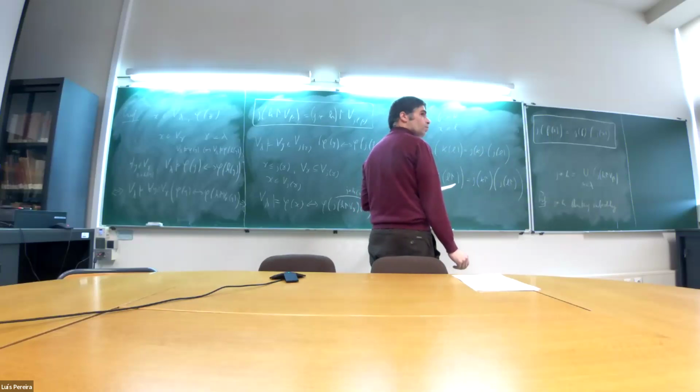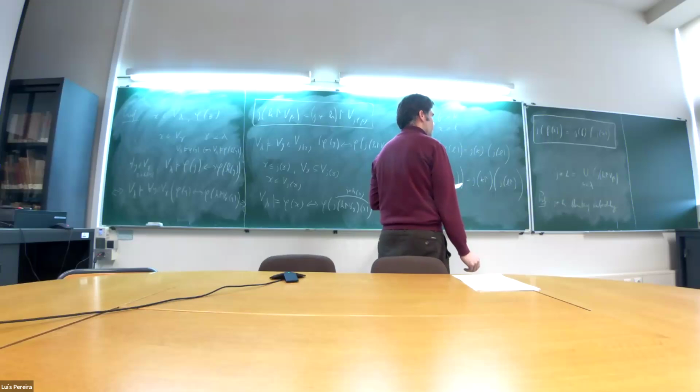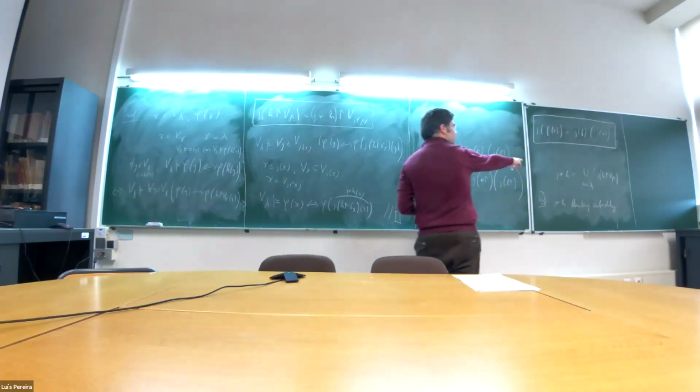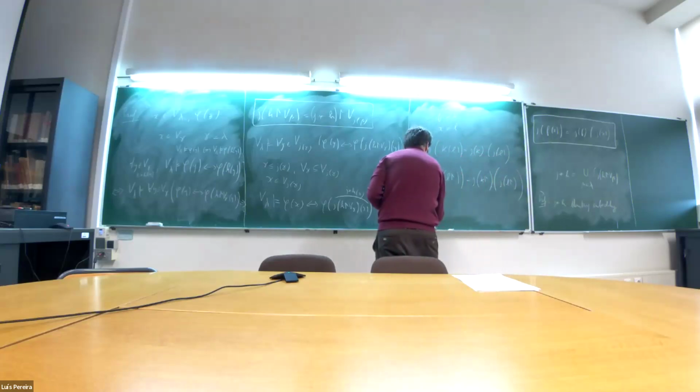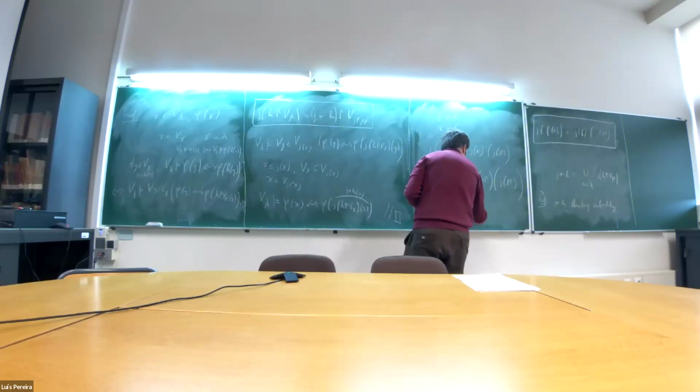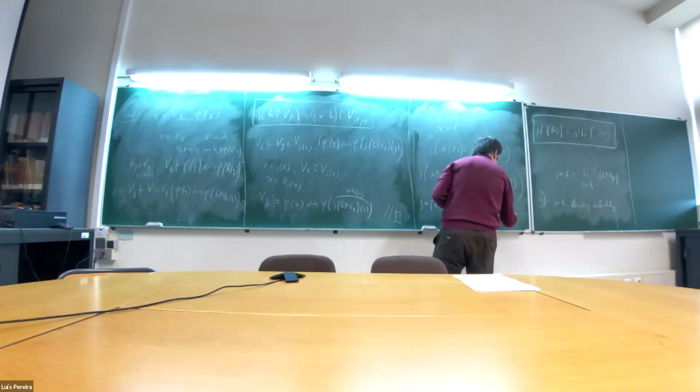What am I saying? From the definition, I'm saying that J star K star L is equal to J star K star J star L.